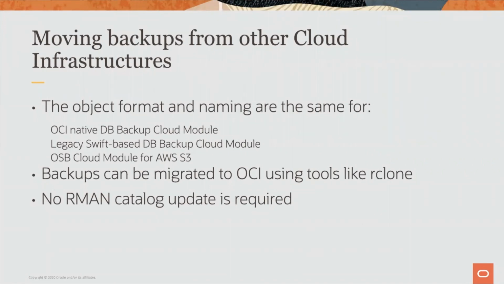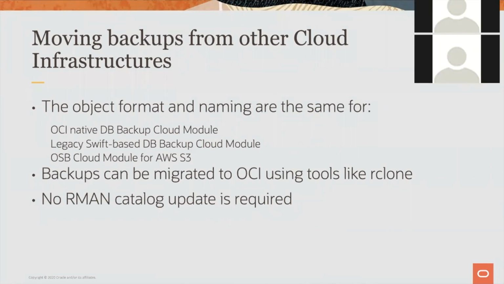Everything works. You only have to install the backup module pointing to OCI, so that from RMAN you can access the OCI bucket. And all the backup objects copied from the AWS S3 bucket to the OCI bucket work without any change.